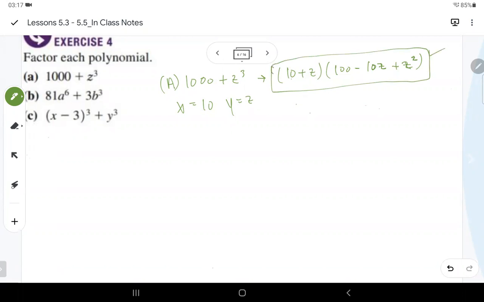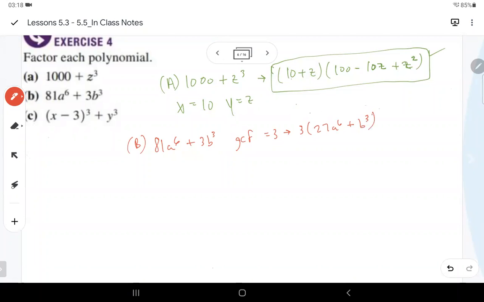You can see I've been doing this for so long that I have that memorized, but I just talk it out. So, 81a to the 6th plus 3b cubed. The first thing you need to realize here is we have a GCF, and that GCF is 3. So then we would have 3 on the outside, 27a to the 6th plus b cubed.